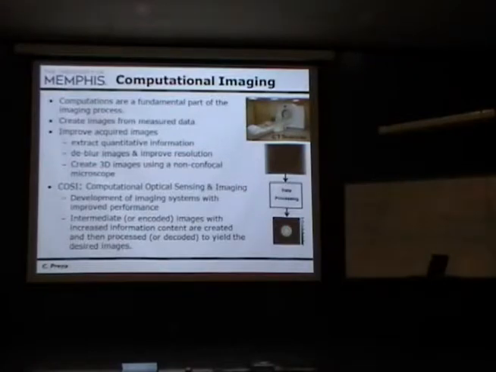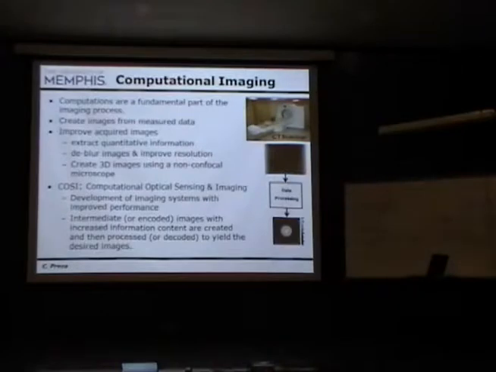The computations may be designed to improve acquired images. So in some cases, we are able to measure data that resembles what we are interested to study, but may be blurred because of diffraction or defocus, as we had heard earlier today. And so our computations may be performing a deblurring operation and thereby improving resolution and contrast and brightness.